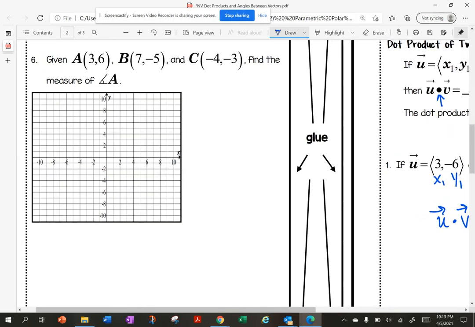So A is at 3, 6. B is at 7, negative 5. And C is at negative 4, negative 3.